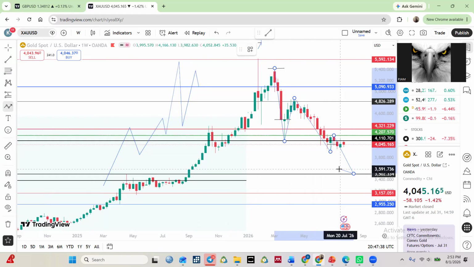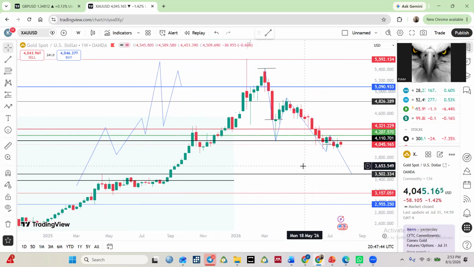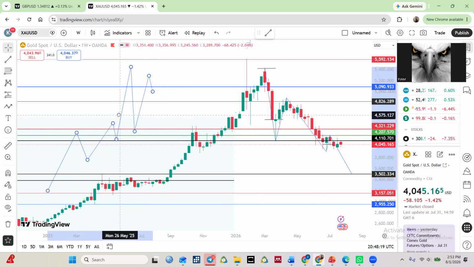Why are you using the red wick and the green wick? Why am I using what? The bullish and the bearish wick.